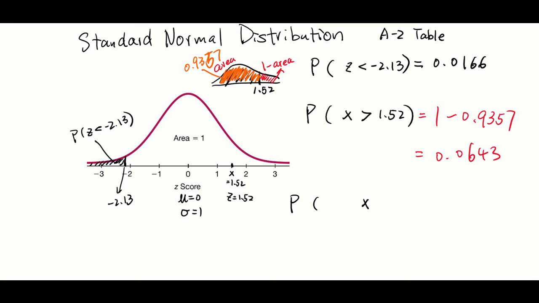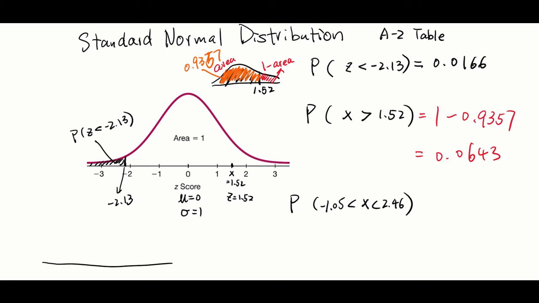Okay, the next problem, let's find the probability of a random value with x value, or in our case, since it's a standard normal distribution, a z-score between, let's say, negative 1.05 and 2.46. All right, so we already know in the chart, what's given to you is the area to the left of the given z-score.